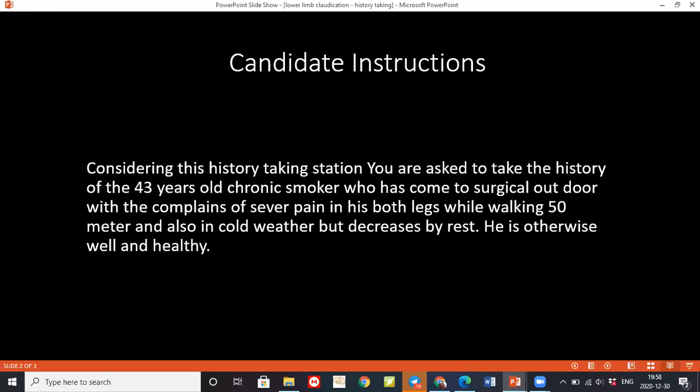Okay, who do you live with? Family. I see. Do you smoke? Yeah. How many sticks per day? I use roll-ups. 8 roll-ups per day. Okay, do you drink alcohol? Yeah, but not a lot.